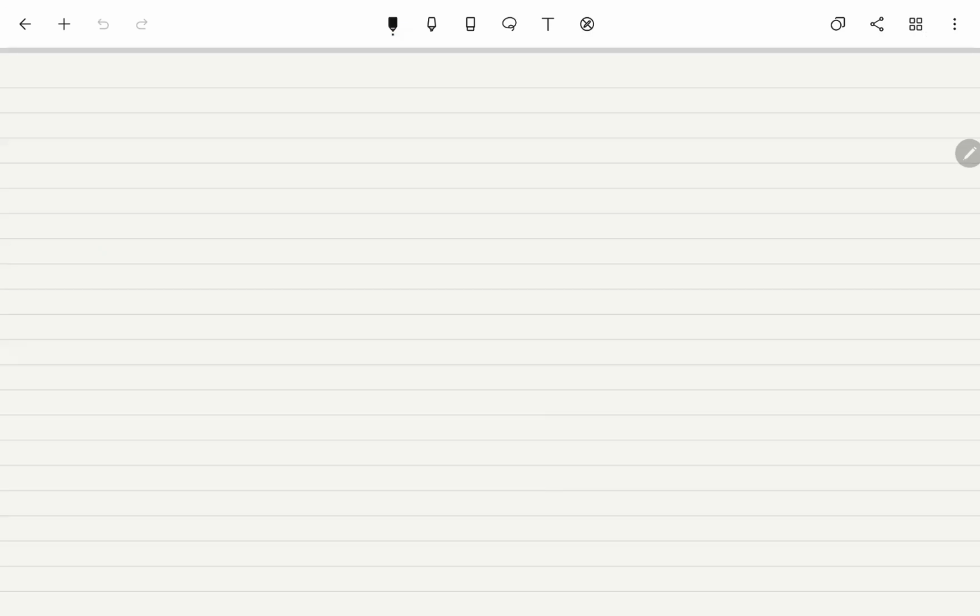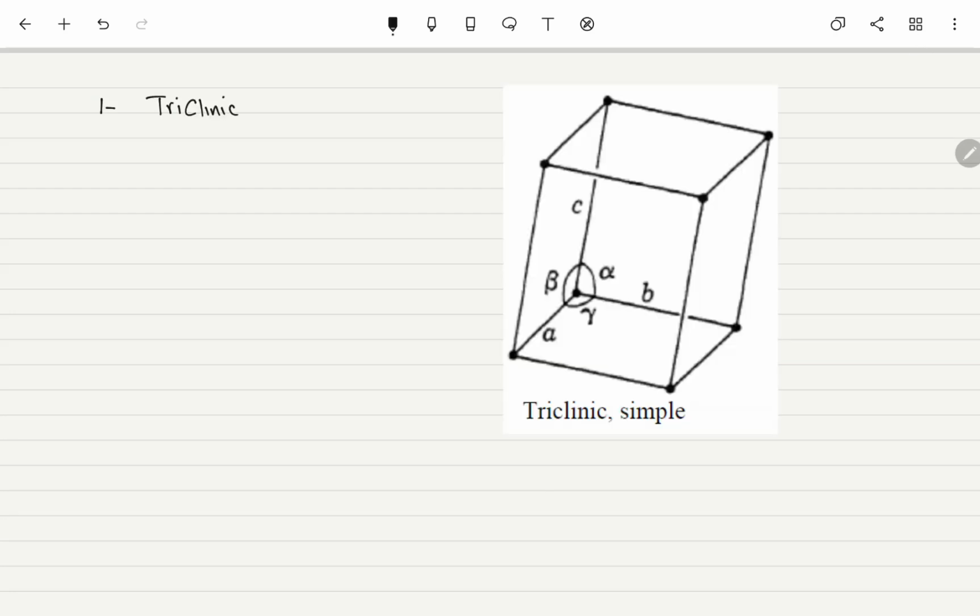In 3 dimensions, there are 14 Bravais lattices, which means the point symmetry groups in 3 dimensions require 14 different lattice types. The first one is triclinic. In triclinic, there is only one type of lattice, the simple one.